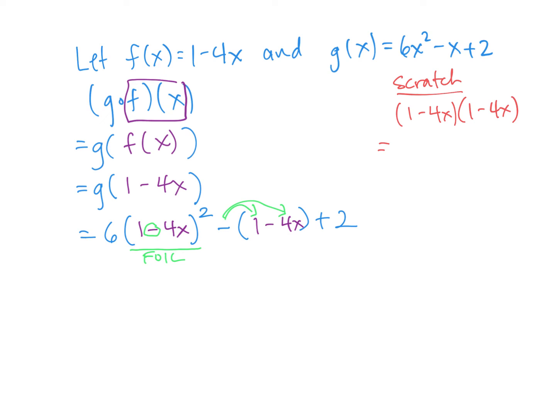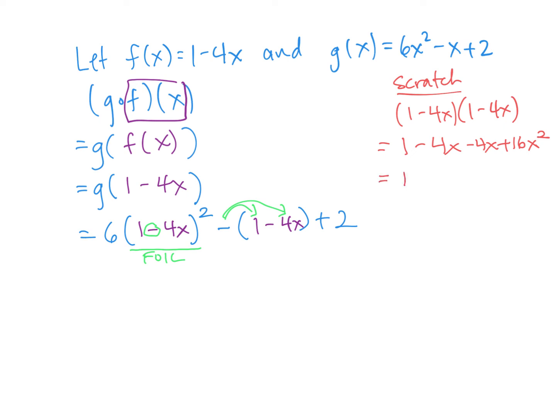First term times first term, 1 times 1 is 1. 1 times the minus 4x is minus 4x. This minus 4x times that 1 is also going to be minus 4x. And negative 4x times negative 4x, negative times negative is positive. 4 times 4 is 16. X times x is x squared. I have 2 like terms in the middle.